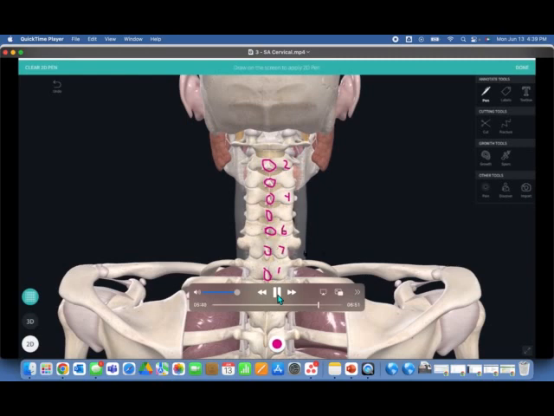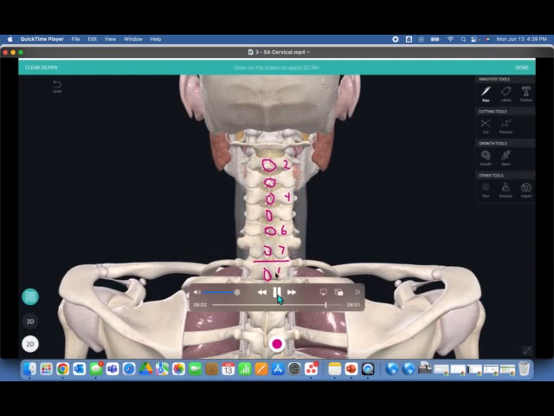C7 tends to be the last of the vertebrae that will have some rotation in it, and so if you place your fingers in the interspinous space between C7 and T1 and then do some rotation, you should be able to feel the differentiation between the spinous processes of C7 and T1 as well.